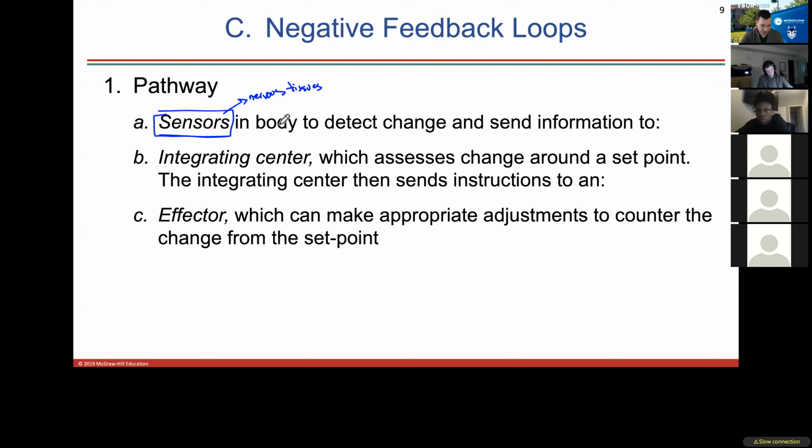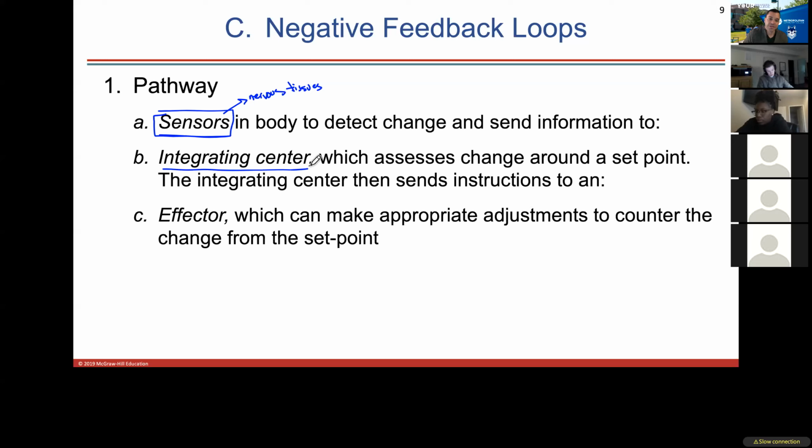We have one for hydrogen ions to determine pH levels. We have oxygen, carbon dioxide, chloride ions, urea. We have water. We have receptors for everything under the sun. They detect these changes. They send that information to an integrating center.